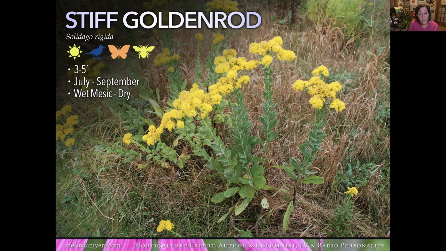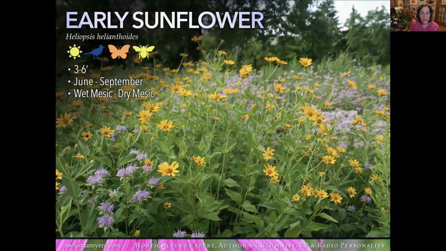Now, this one does reseed readily, so you may want to sacrifice a few of the seed heads to contain it or be prepared to do a little bit of thinning in the spring. Again, a great way to end. Combine this with a purple aster, and you've got almost like a Monet planting. It's great.